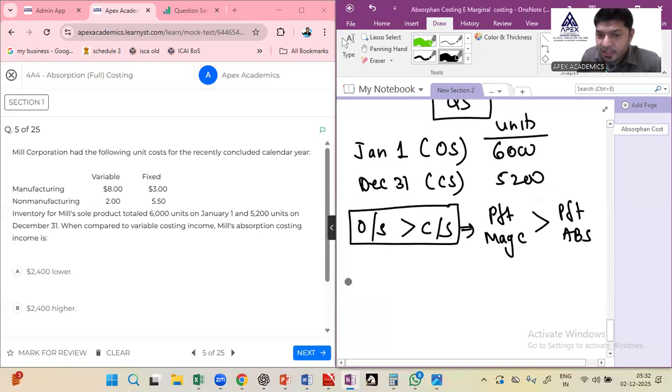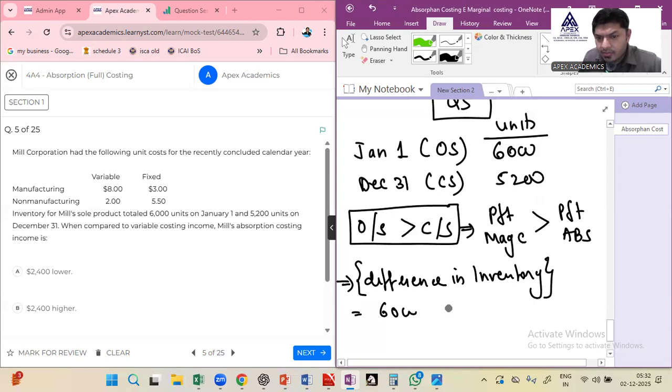What do I take? I take the difference in inventory, which is nothing but 6,000 minus 5,200.